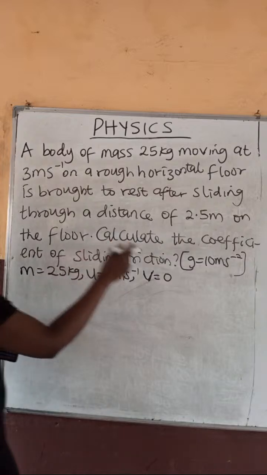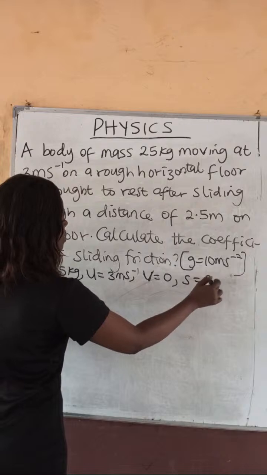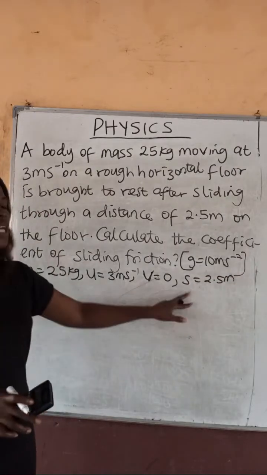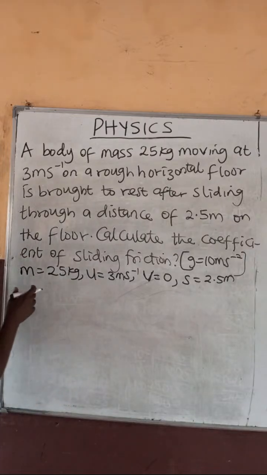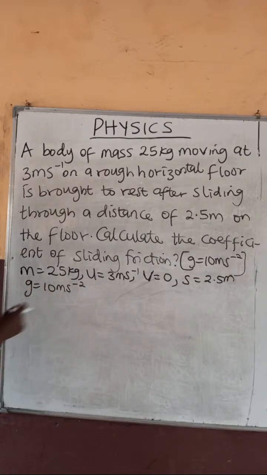Now, through a distance of 2.5 meters. So my distance s is 2.5 meters. You know that in physics we use s to denote distance. And we have g to be 10 meters per second squared. Now we are going to use this equation of motion.